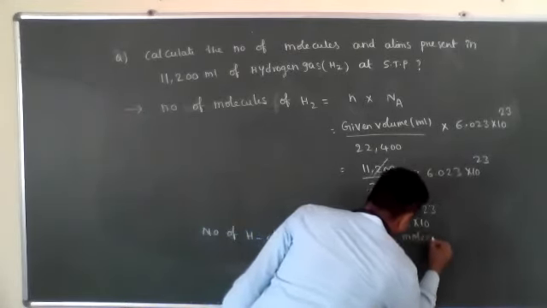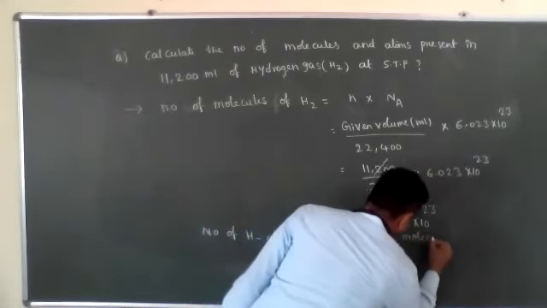For example, how to solve this question? Take one CH4 molecule. One CH4 molecule means one carbon atom plus 4 hydrogen atoms are present.